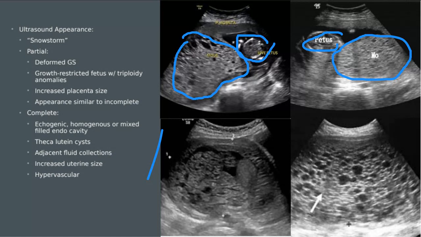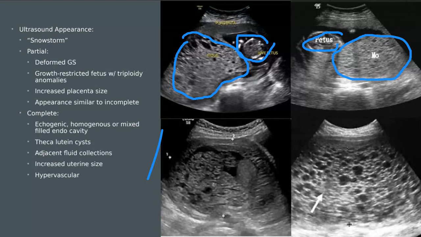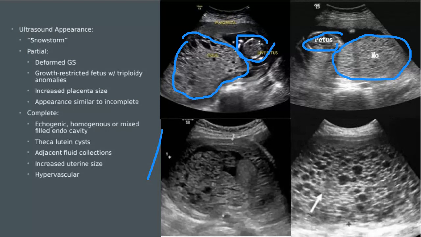You're usually not, I say usually because nothing surprises me, but you're like 99.9% not going to get a partial molar pregnancy unless you are actively trying, right? So you're not going to have this baby develop out of nowhere, but you can have a complete molar pregnancy develop out of nowhere. So it's a very weird type of condition.